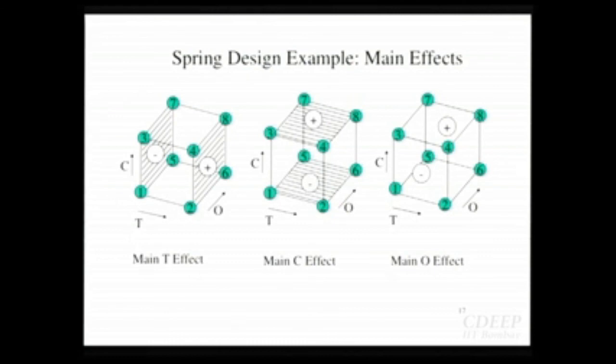In regression terms, you are essentially doing y equal to beta naught plus beta 1 times t. So this main effect essentially is related to that beta 1. Your other term beta 2 times c, you are getting beta 2, and beta 3 times o, you are getting beta 3. Okay, these main effects are related to your coefficients if you were to fit a plane between y and temperature, carbon, oil.